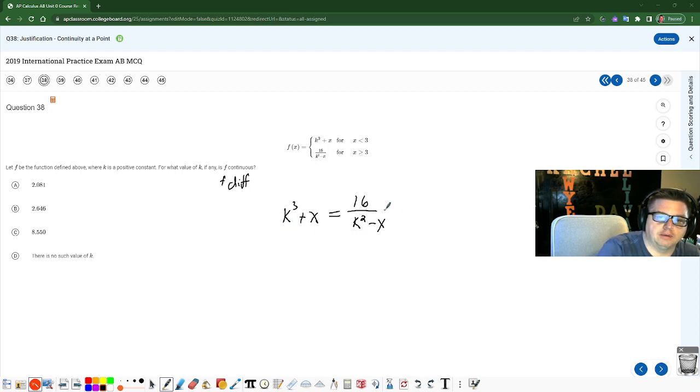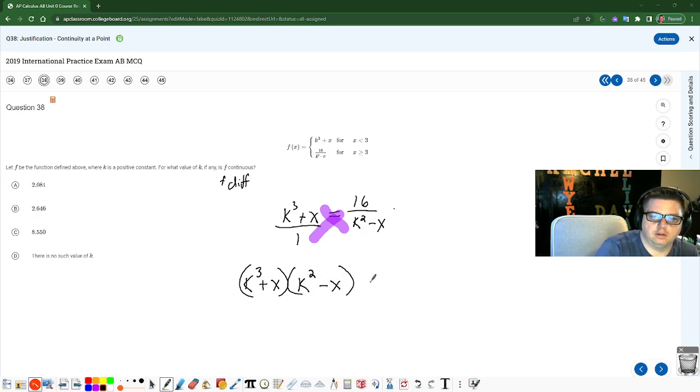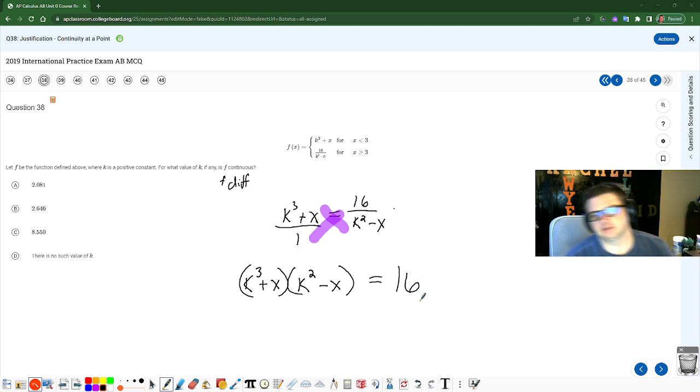So if we do that, we are going to put a 1 underneath here and then cross multiply. And then this is going to get a little sticky. All right, equals 16.